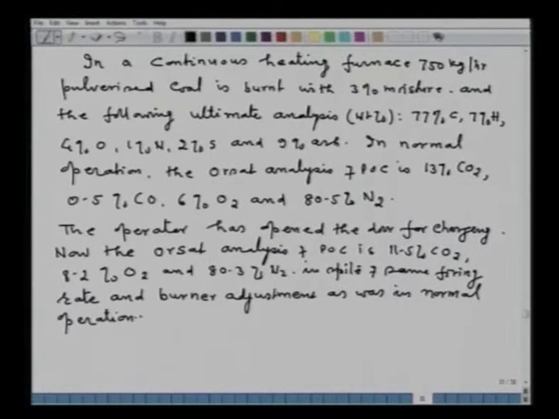What has he done? He has just opened the door and he analyzes the POC by Orsat apparatus. He finds that the analysis is changed. He thinks that he has not changed the firing rate, he has not changed the burner adjustment, nothing he has done, but he is surprised that the analysis of POC is changed.